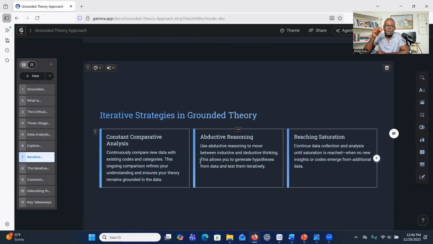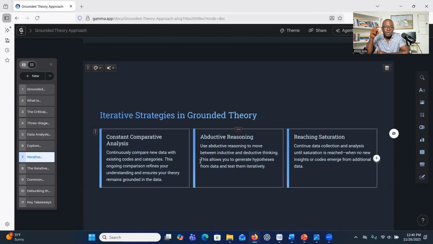It happens because at the beginning you don't have any theory. You go through the data and identify significant information during the initial coding stage. You go to focused coding, you categorize the codes and then have some themes or categories. You go to theoretical coding, you explore the connection between the themes, and then you develop a theory.